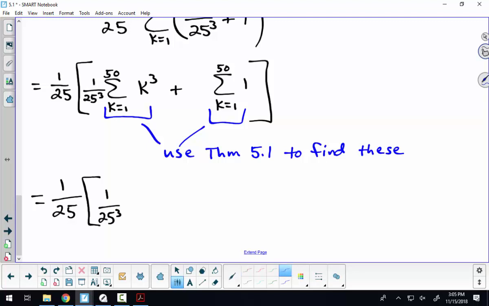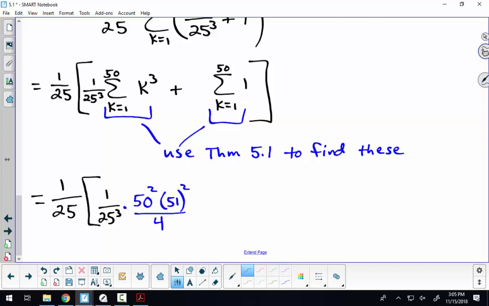And according to the formula, the sum from k equals 1 to 50 of k cubed would turn into what? n squared times n plus 1 squared divided by 4. Right, so we have our 50 squared, times 50 plus 1 squared, all over 4.